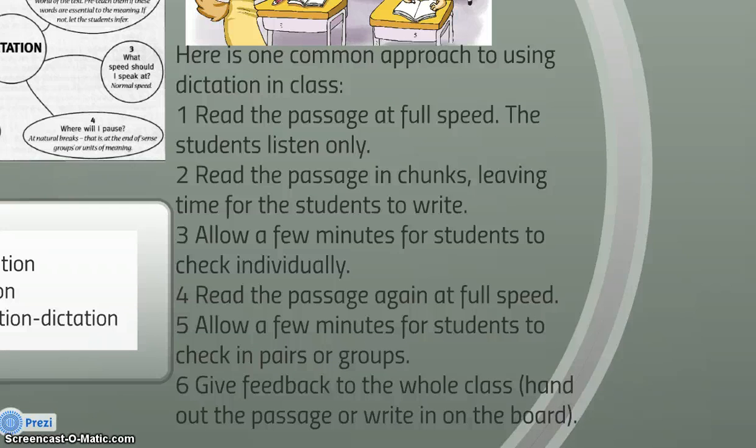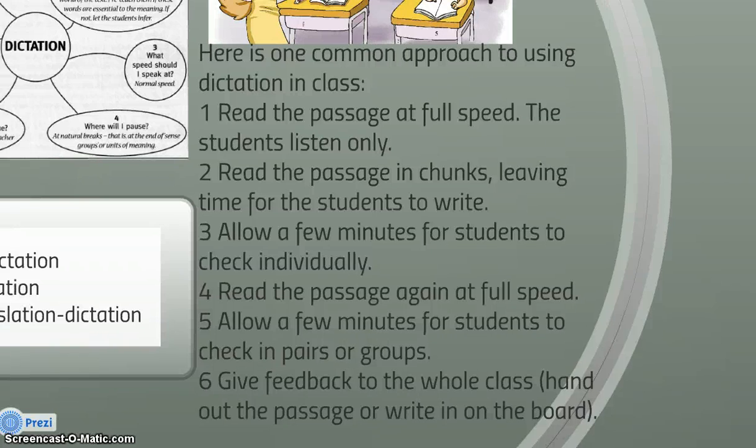Then read the passage in chunks, leaving time for students to write, and then allow a few minutes for students to check individually. Then read the passage again at full speed and allow a few minutes for students to check in pairs or groups, and then give feedback to the whole class. And then you can check if they caught the idea, if they did it well.